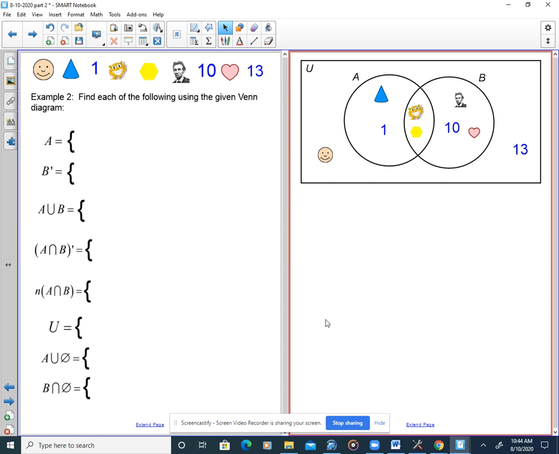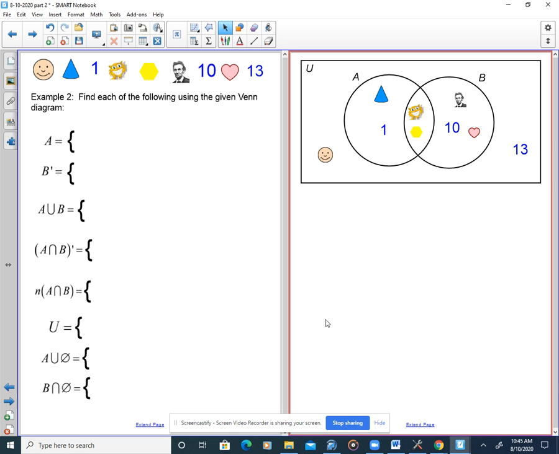Okay, we have this universe here. And in this universe, we got these random objects. We got a smiley face, we got a cone, a cat, Abraham Lincoln, a heart, 10, hexagon, 13, and so forth. In this example here, it says find each of the following using the Venn diagram.